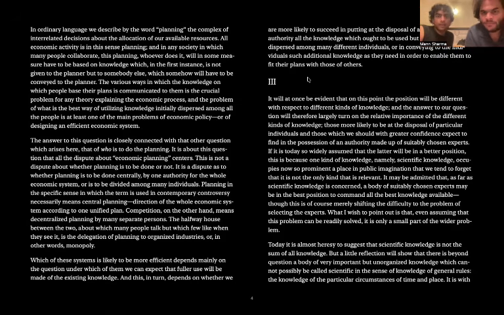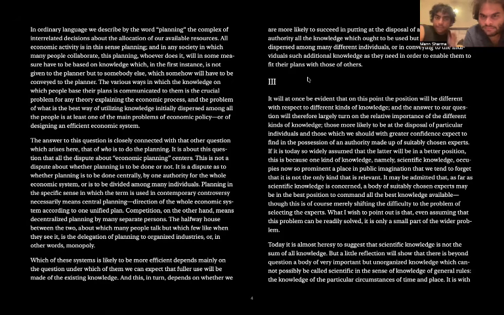It will at once be evident that on this point, the position will be different with respect to different kinds of knowledge. And the answer to our question will therefore largely turn on the relative importance of the different kinds of knowledge: those more likely to be at the disposal of particular individuals, and those which we should with greater confidence expect to find in the possession of an authority made up of suitably chosen experts.